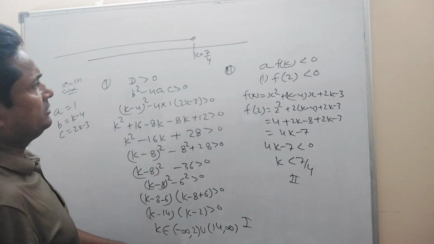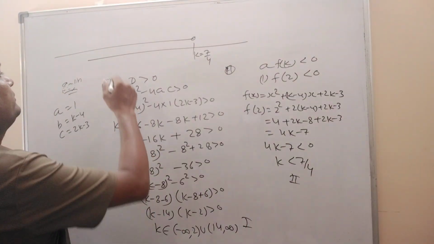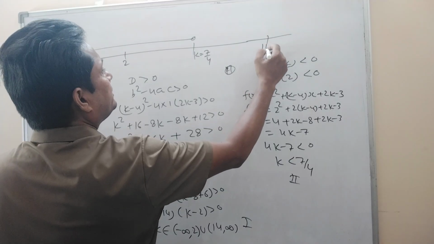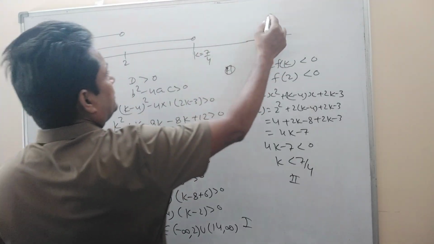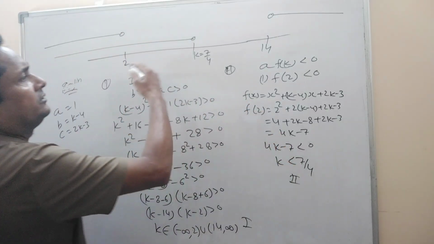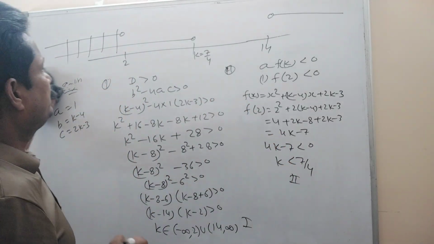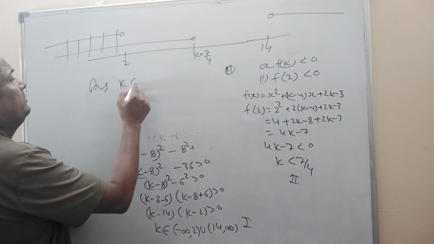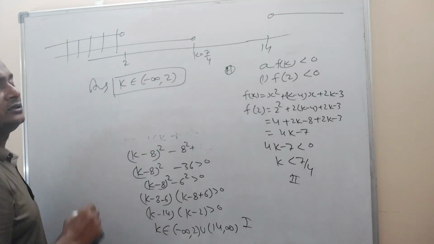And second is minus infinity to 2 and then 14 to infinity, with 2 here and 14 here. So if we take intersection, our answer will be k belongs to minus infinity to 7 by 4. So this is our answer.